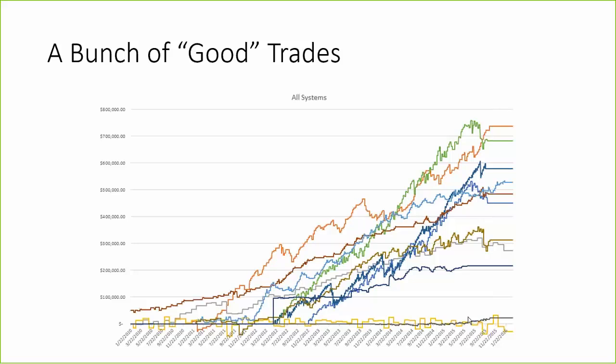For each one of these equity curves you could do a series of webinars and show, well, here's what the trades look like, here are the adjustment rules, this is the decision points that you would make, this is why you would make them, here's what the delta and theta look like, here's what the profile looks like when you get in, here's the adjustment, here's how you get out. Every one of these lines is representing a system like that, but actually playing out over time.